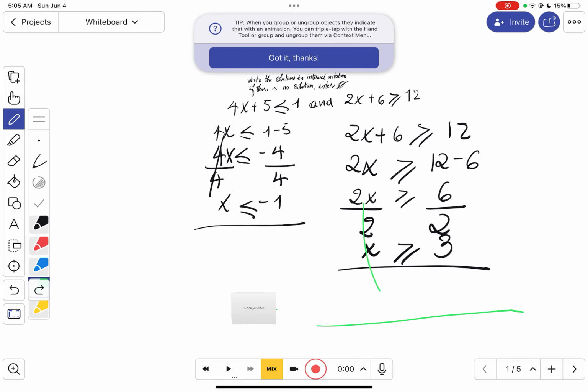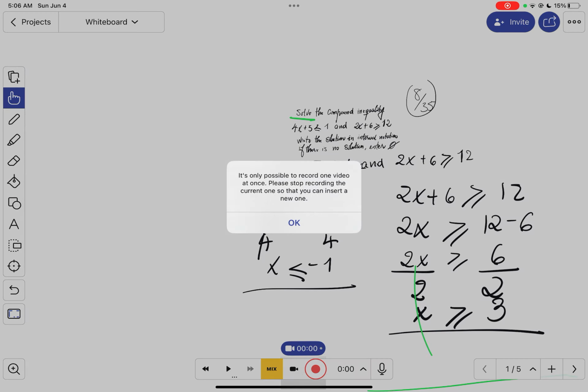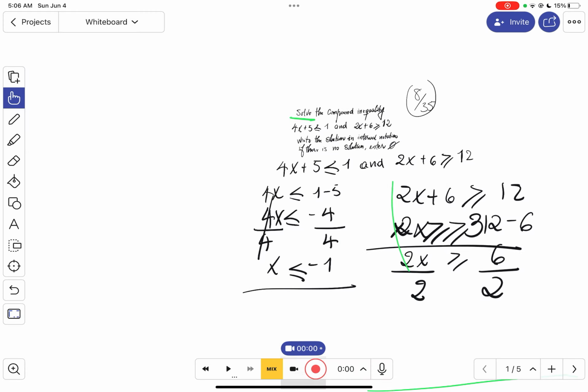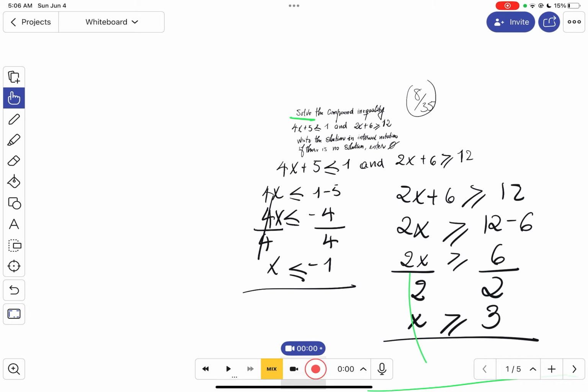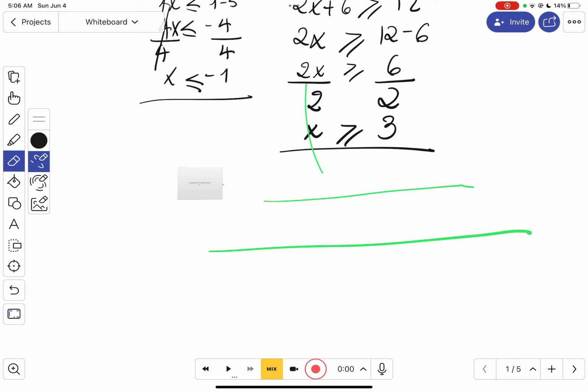Seems like we're not gonna get a new video, guys. So let's go. So we're gonna graph the solution.